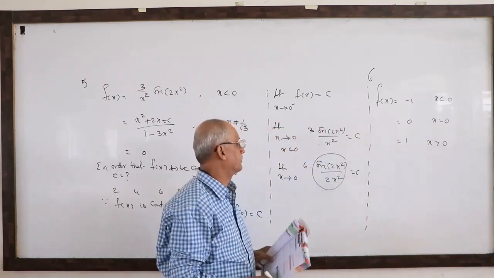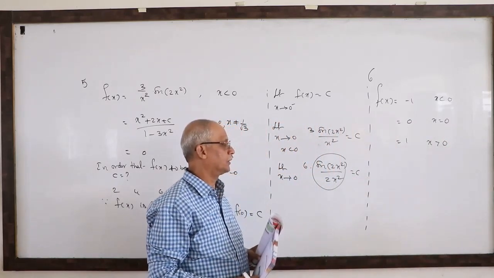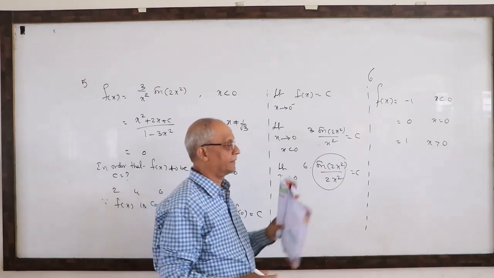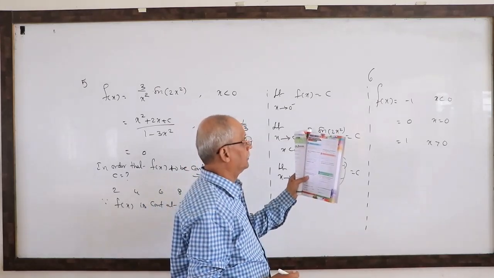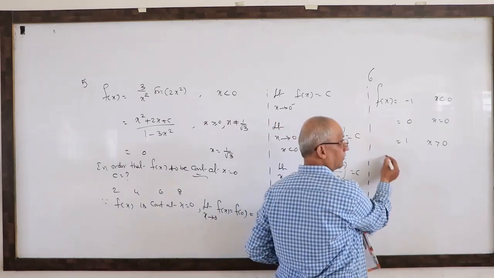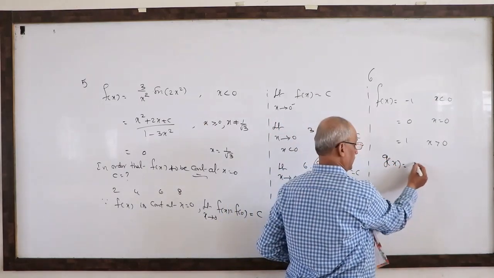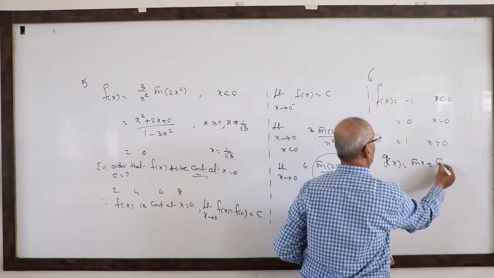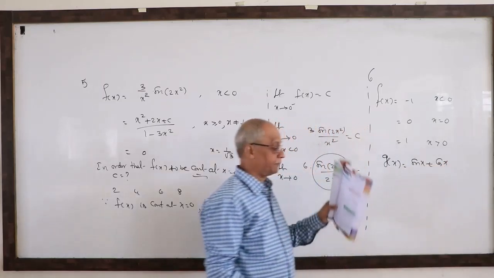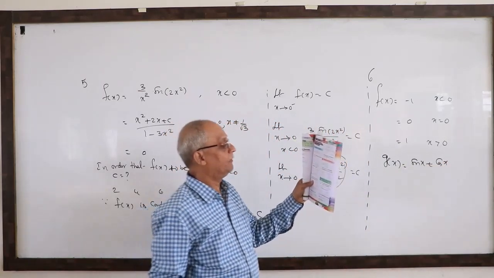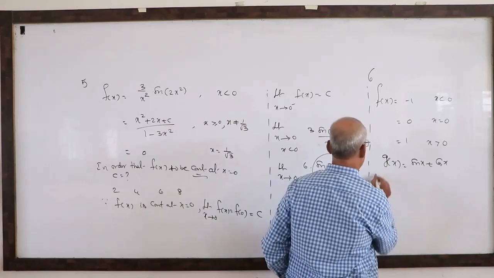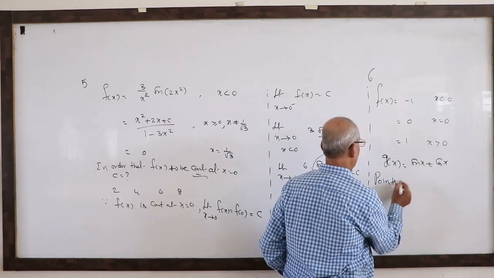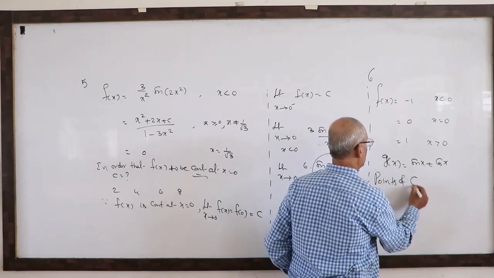Okay. g of x is a function sin x plus cos x. Find the points of discontinuity. A very, very important level problem this is.